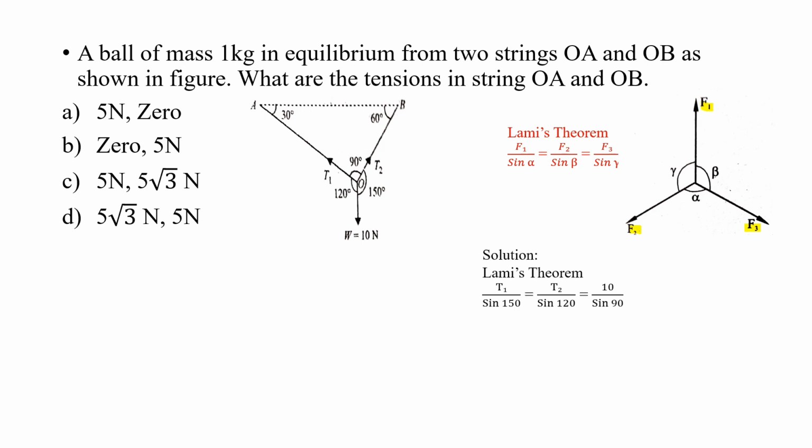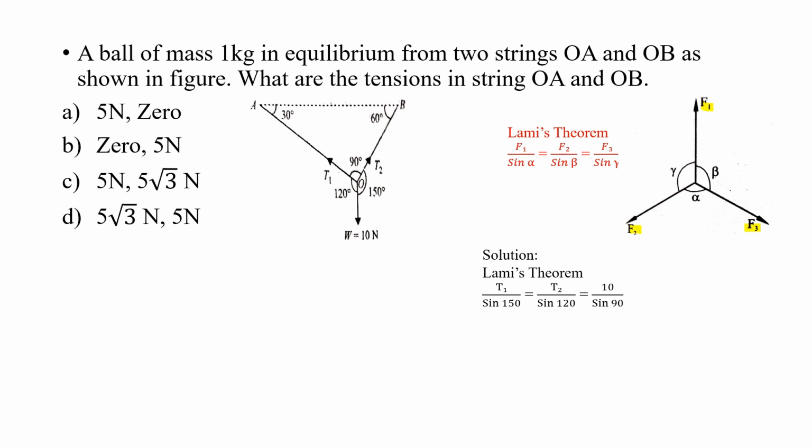So the solution is: by applying Lami's theorem, T1/sin 150 = T2/sin 120 = 10/sin 90.